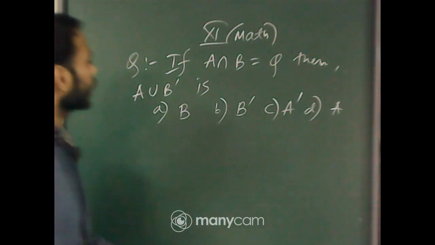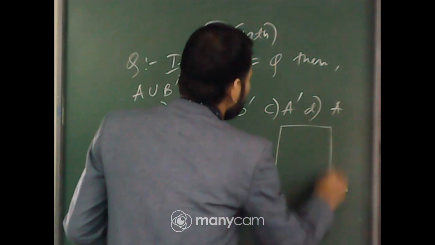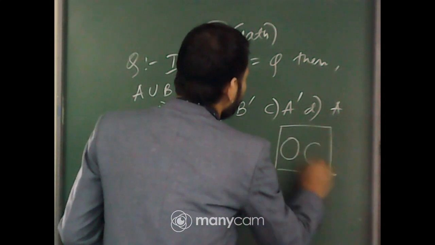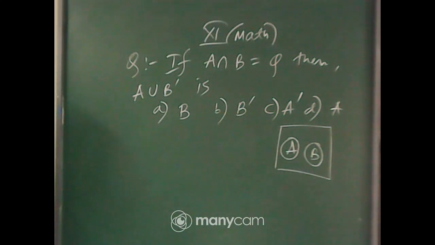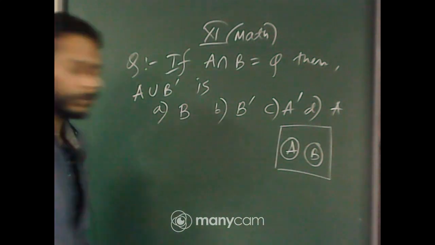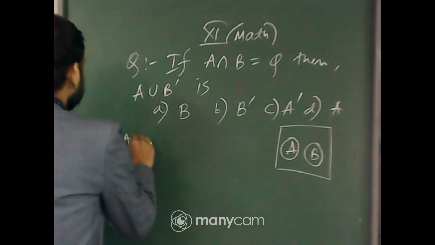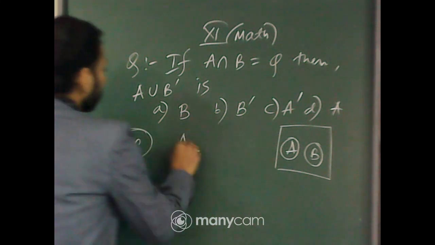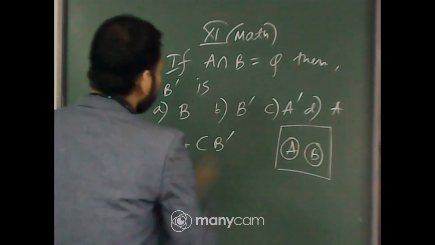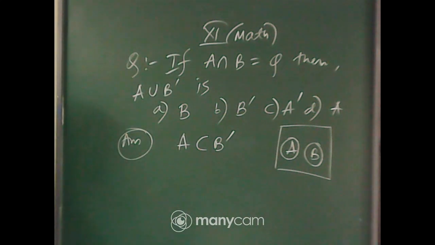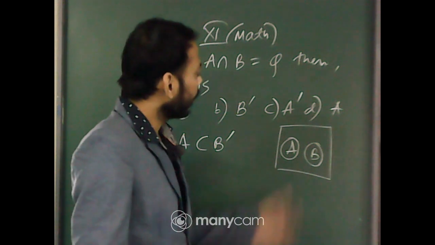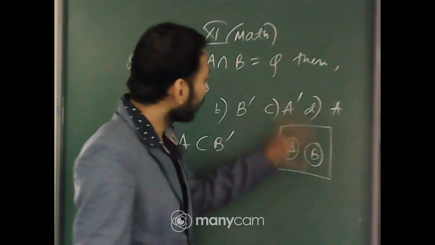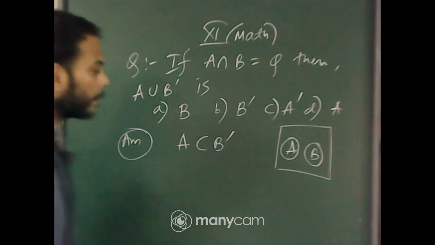If A intersection B is phi, that means there is no common element between A and B. That means A is a subset of B complement, isn't it? A and B have no common element, so A is a subset of the rest of B, that is B complement.